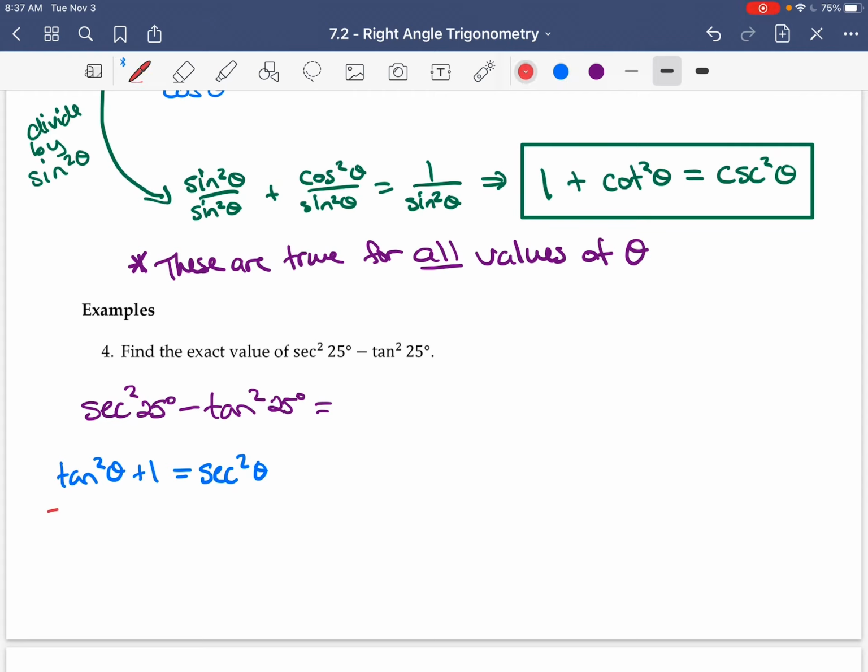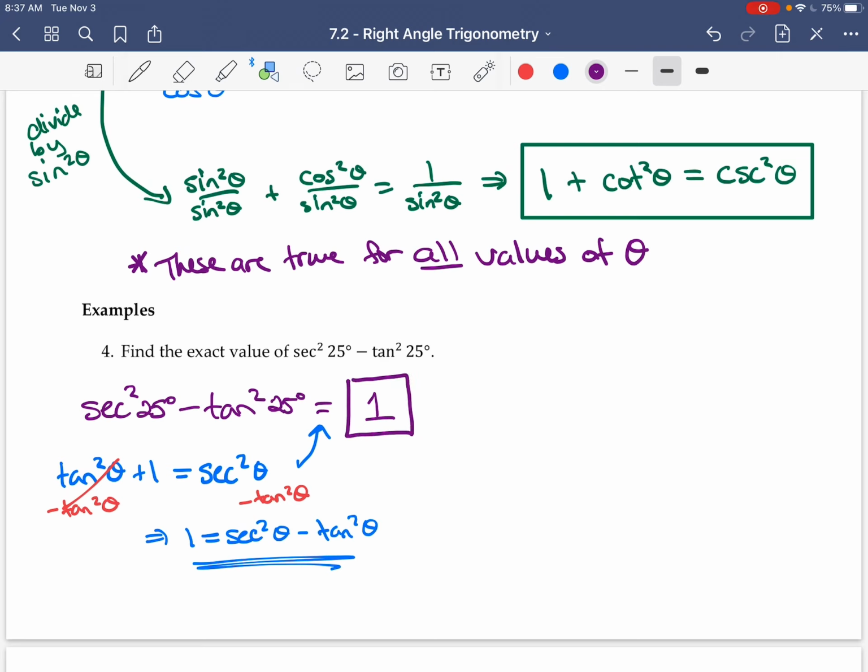So if I take the tan squared theta over, it's going to cancel on this side. That's going to give me 1 is equal to secant squared theta minus tan squared theta. That is exactly what I have here. Secant squared of a theta minus tan squared of a theta. So because of this identity, this is actually equal to 1.